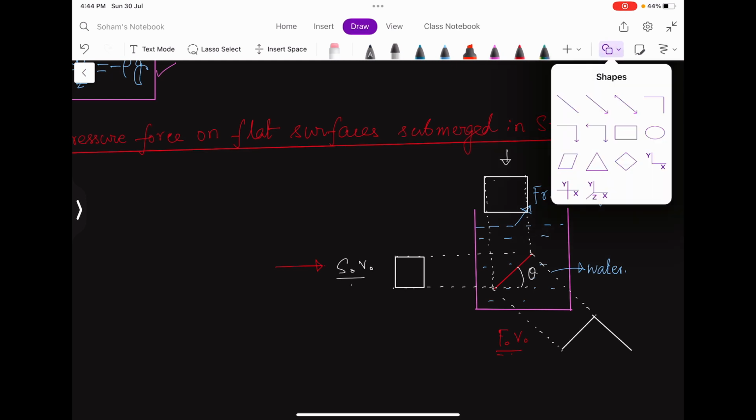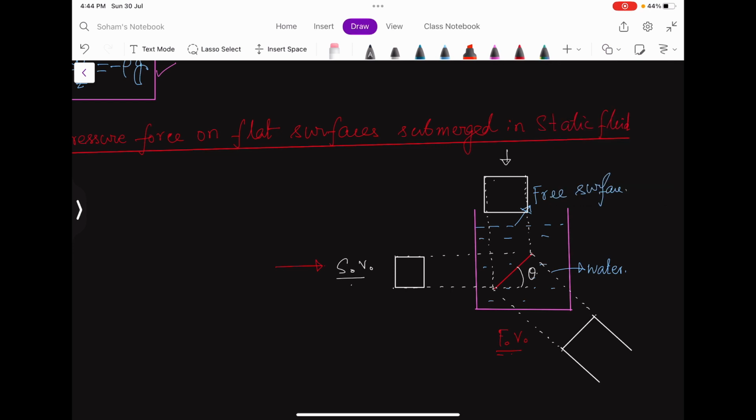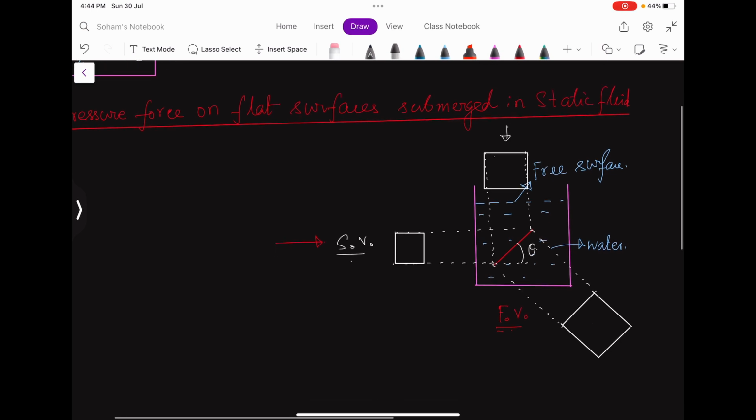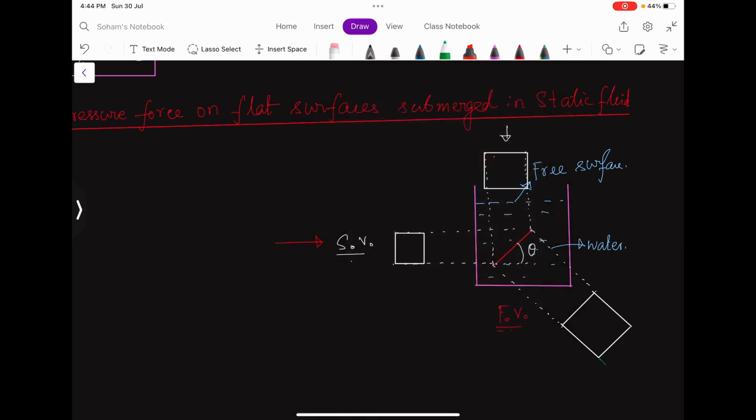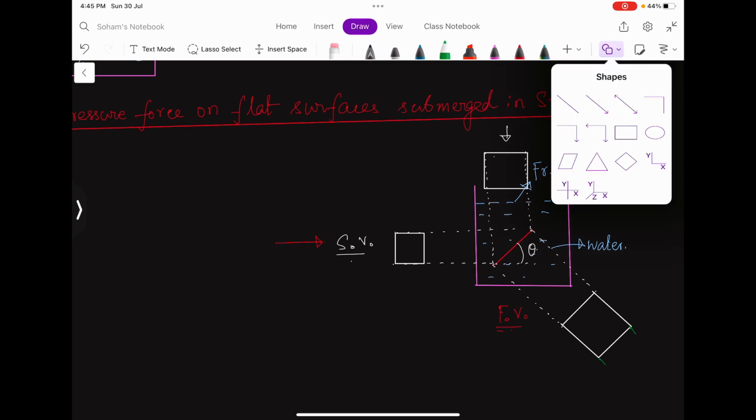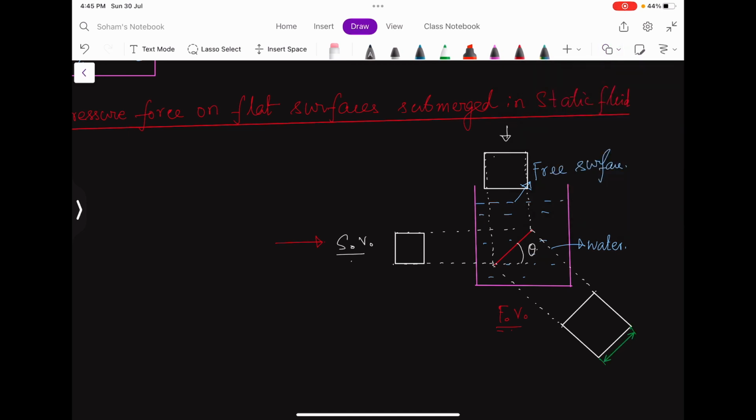A good drawing helps us to study better. So let us say this length is L, and this length, the breadth, is B. So the dimensions are clear, right?